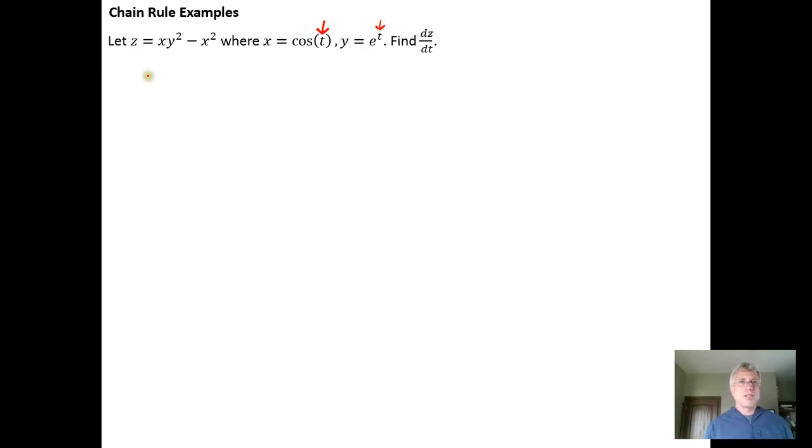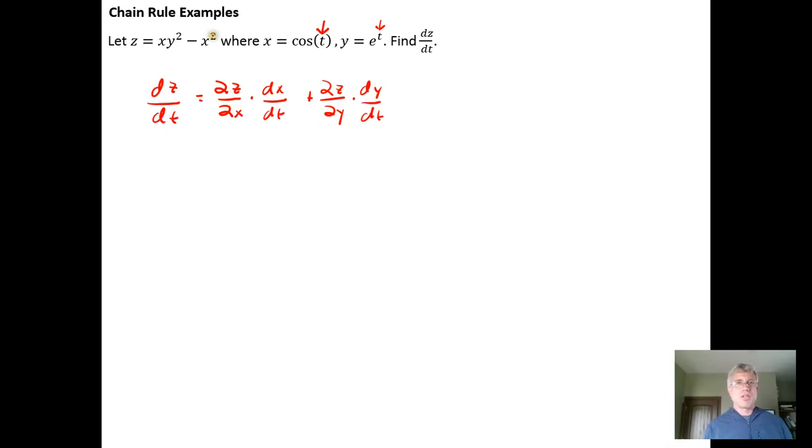So if we want to get the rate of change with respect to t of our function z, so if we want dz/dt, it's got to be the rate of change of z as a result of x, so partial z partial x, times what's the rate of change of x because of t, and then we need to add to that the partial z partial y, what's the rate of change of z because of y, times how is y changing as a result of the change in t.